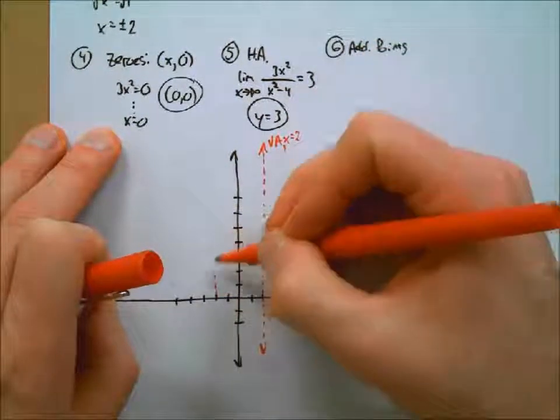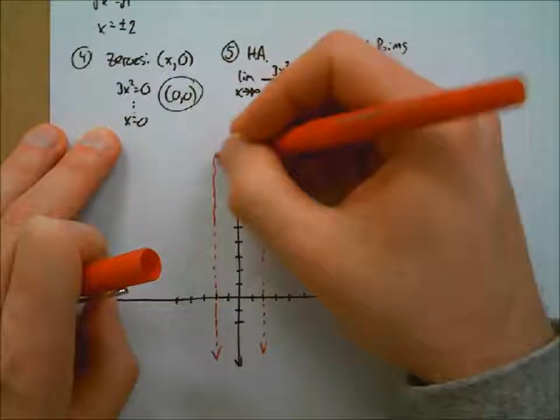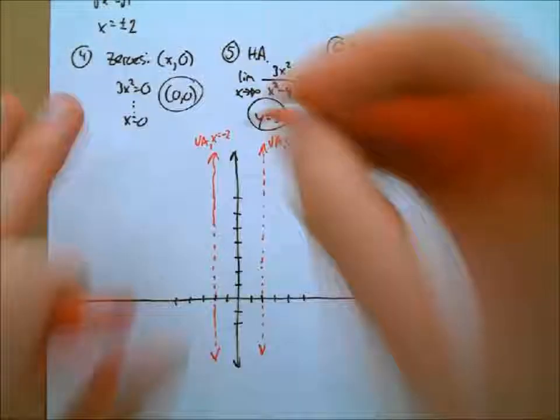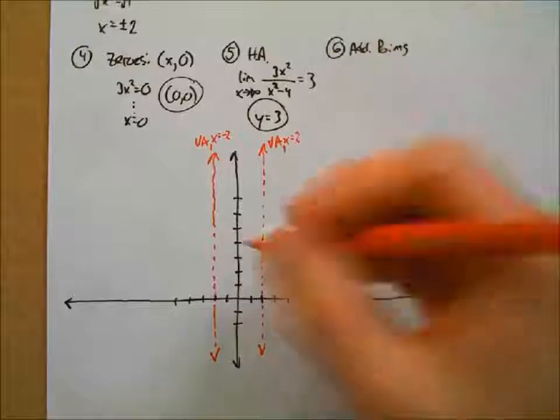And vertical asymptote at -2 as well. And horizontal asymptote at 3.